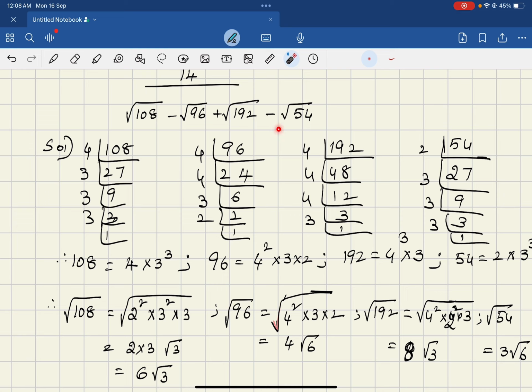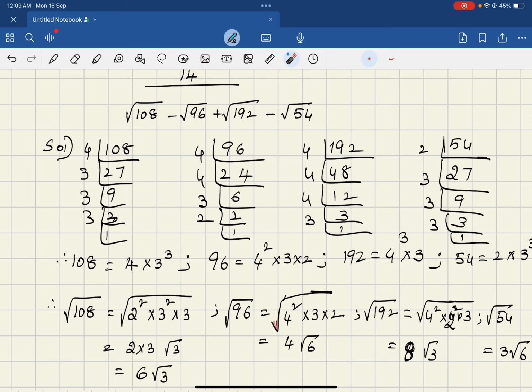So before doing the rationalization, first we have to prime factorize all these bigger numbers into prime factors, and then start rationalization. Now one by one we take all the numbers in the denominators and start the prime factorization.